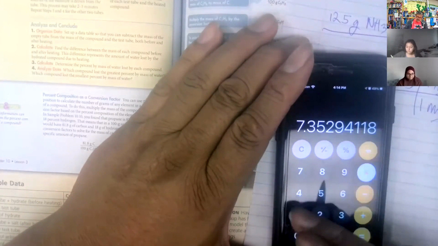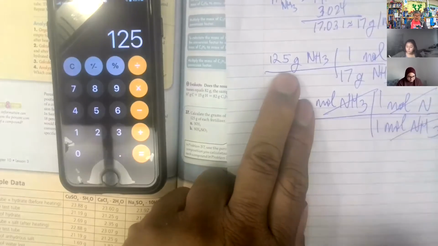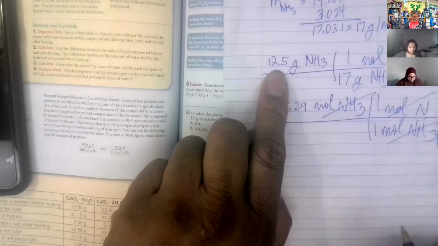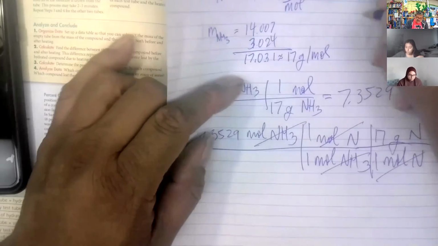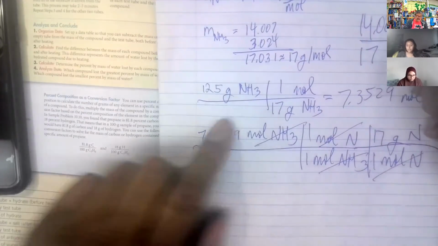And so if I multiply that out, 7.3529 times 17 equals 125. Well, of course it does, because 125 is what was given. All right, so out of the 125, how many nitrogens do you have? Remember, the nitrogen percentage is what we figured out was 14.007 divided by 17.